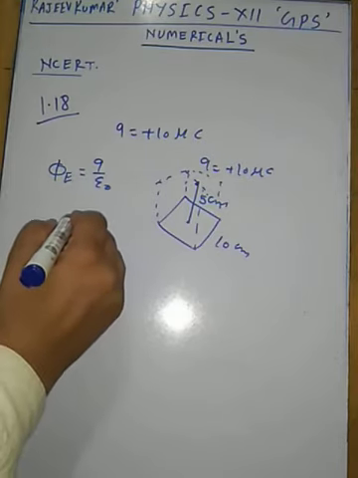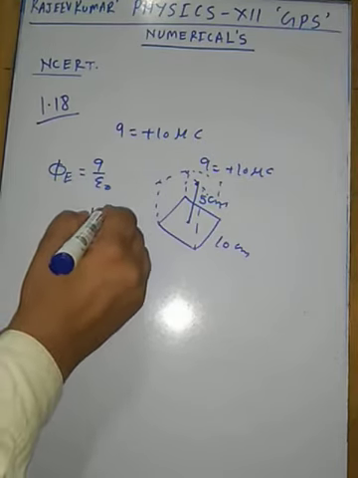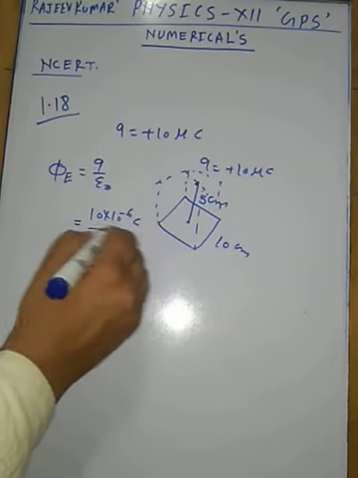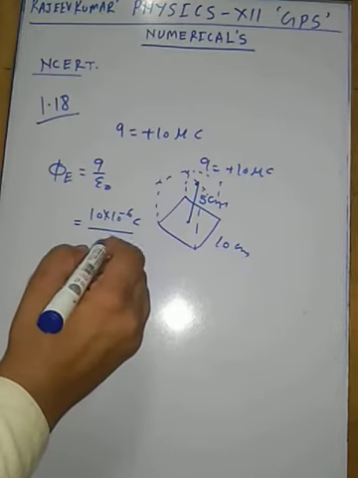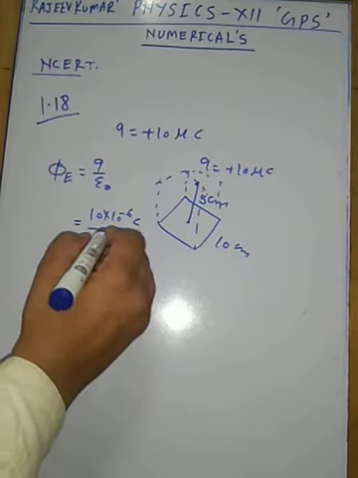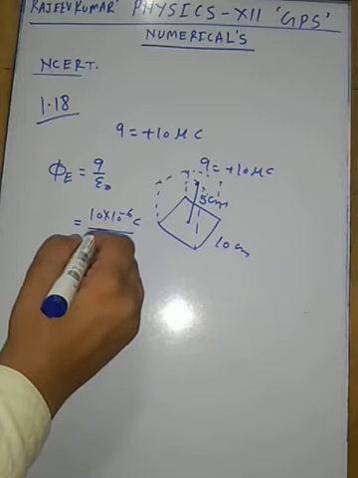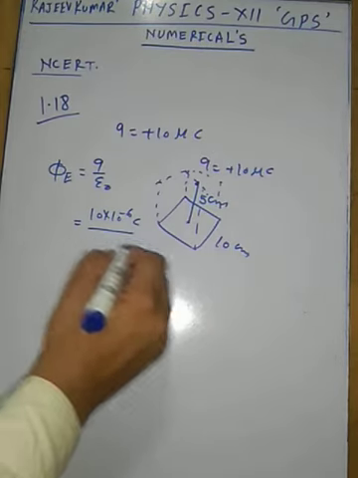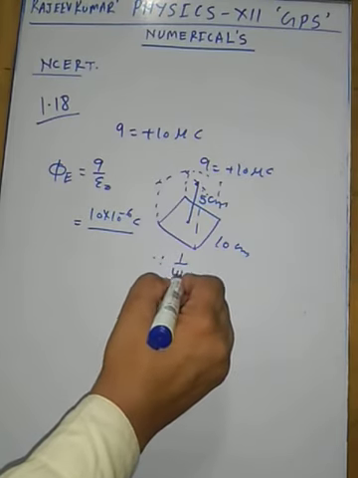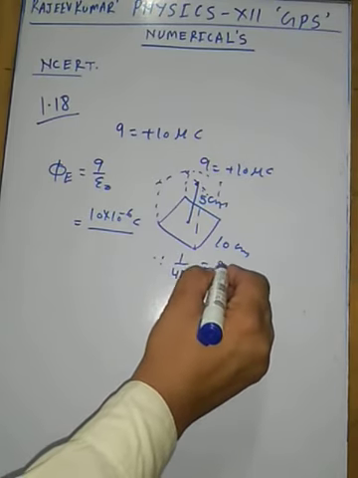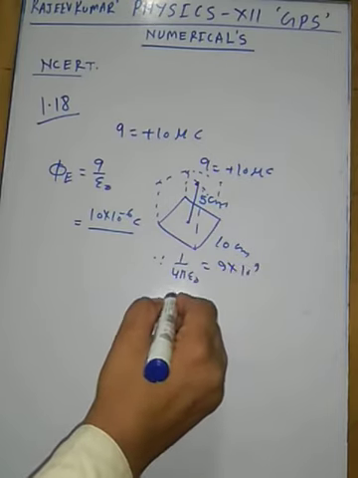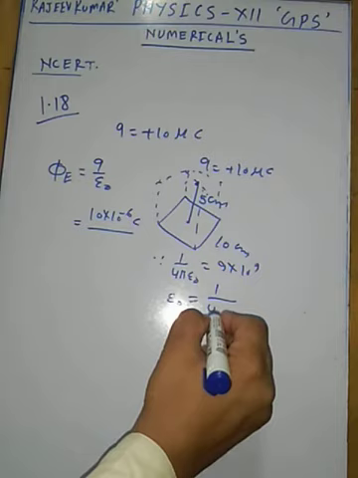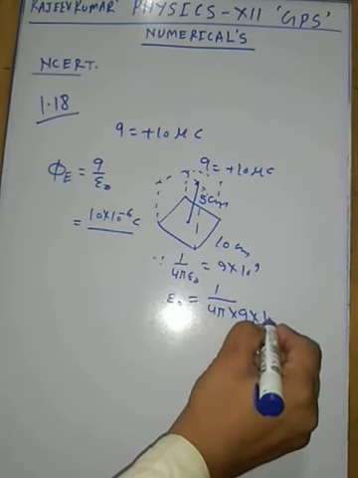Now the charge is 10 microcoulomb, 10 into 10 raised to the power minus 6 coulomb, and for the value of epsilon naught, we can either write 8.85 into 10 raised to the power minus 12, or we can calculate from 1 upon 4 pi epsilon naught being 9 into 10 raised to the power 9. That is the simplest way to solve this question. Epsilon naught is 1 by 4 pi 9 into 10 raised to the power 9.